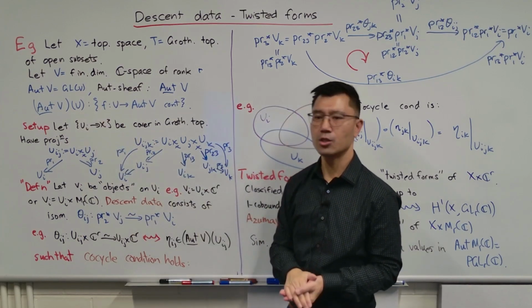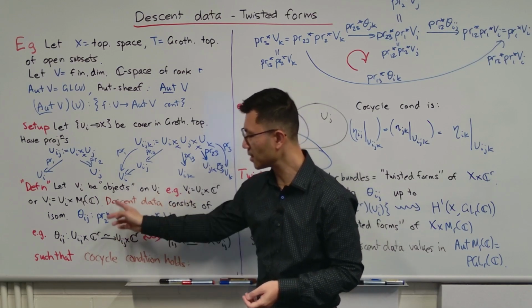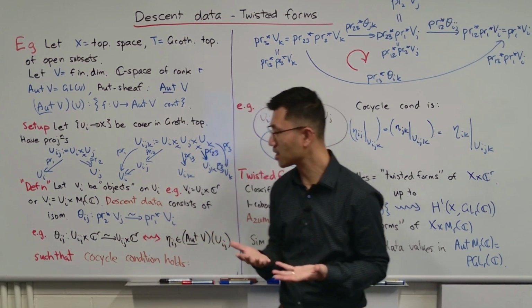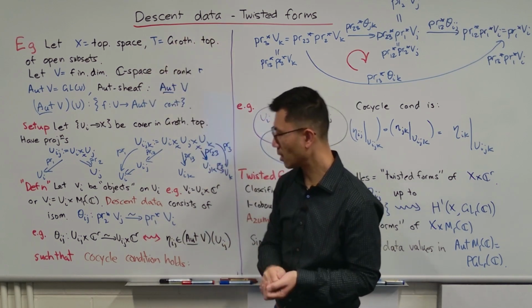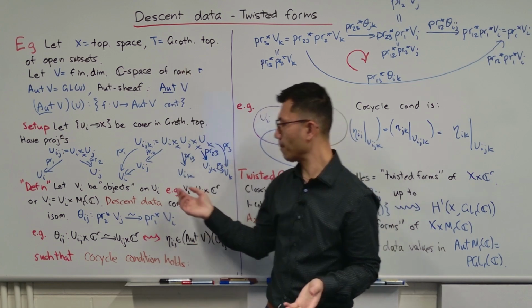Okay, so just to see what's going on here, this is basically the data that you give for transition functions. Let me explain that in this example. Suppose you have trivialized some vector bundles.